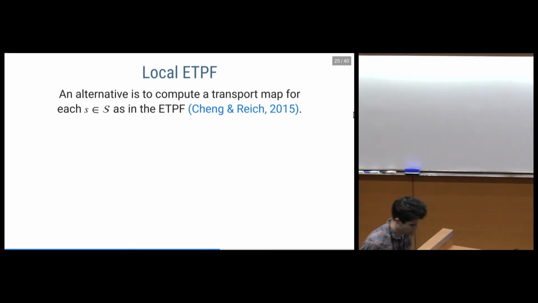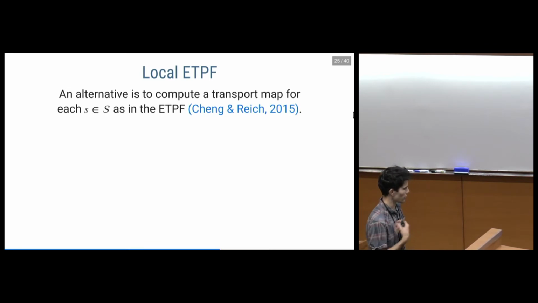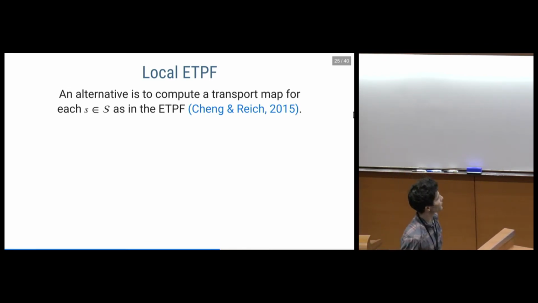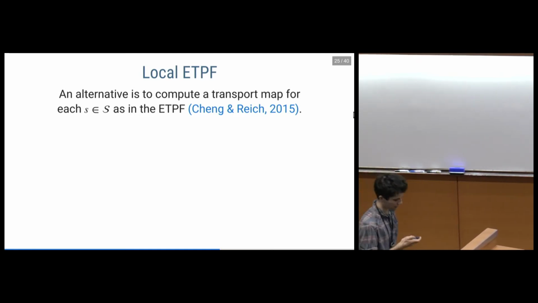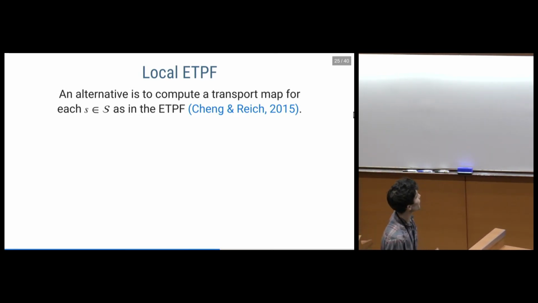Another way we could consider updating the particles gets back to the ensemble transform method that I discussed earlier. This is what we're actually going to form the basis of the algorithm I'll go on to talk about.